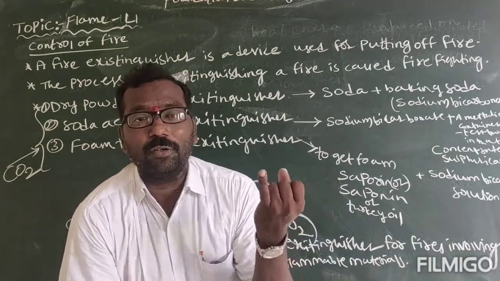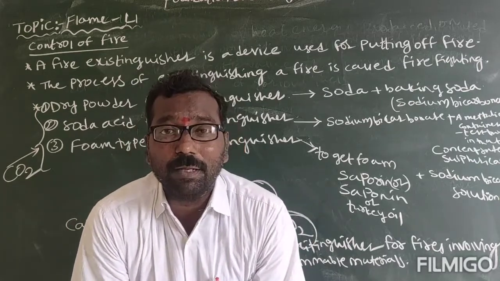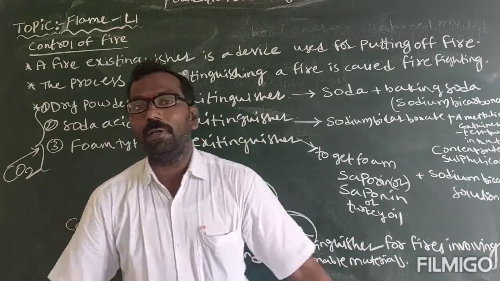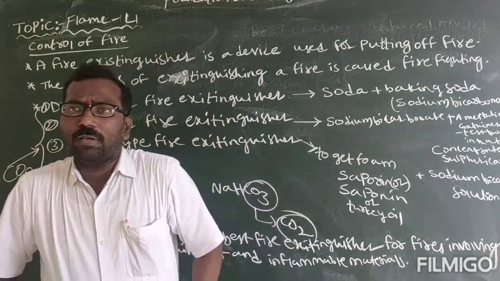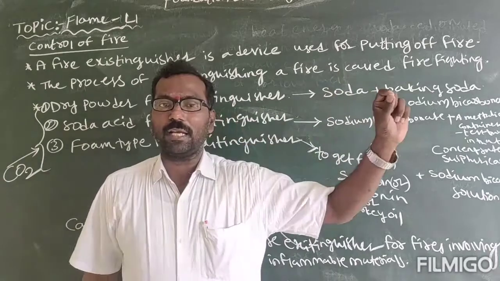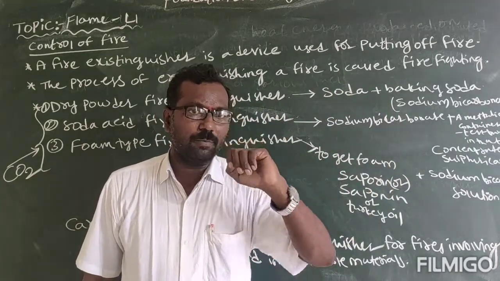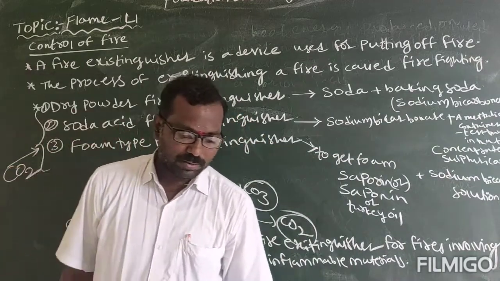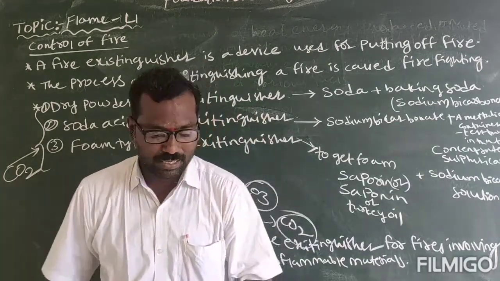If you take kerosene, LPG, petrol, all these are inflammable materials. You can see on lorries carrying LPG cylinders, it is written in red color very clearly: inflammable gas container. A small spark will create disaster there.